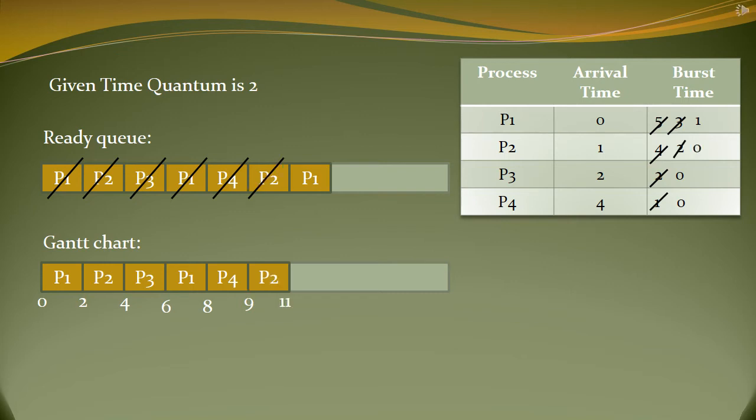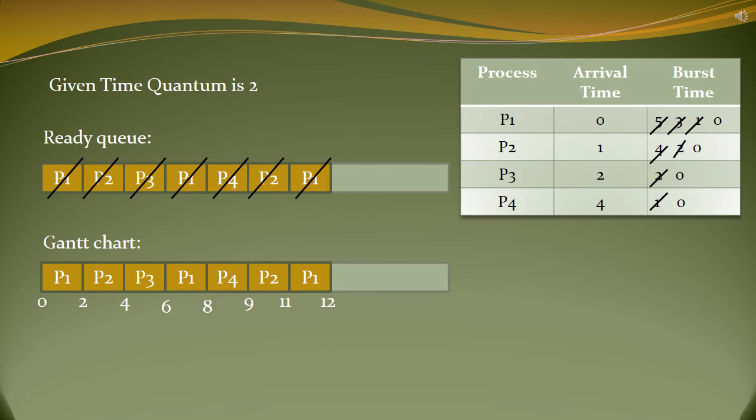And for this, P4 is terminated here. Now again the process is context switched from the process P4 to P2 here. Now there is no process to arrive in the ready queue, so the process P2 is transferred to the running queue and will be executed for the time slice 2 and will complete its remaining time, which becomes 2 minus 2 equal to 0. And for the completion of the process P2, the P2 process is terminated here.